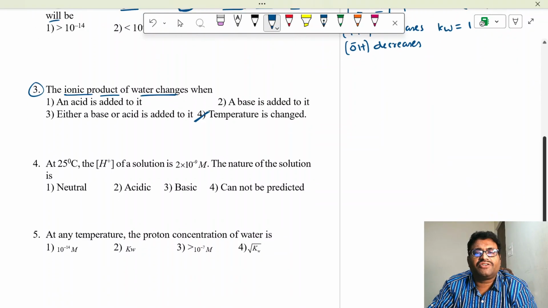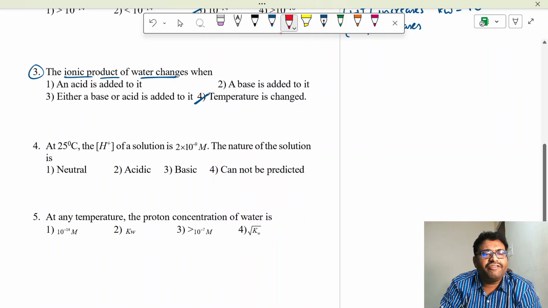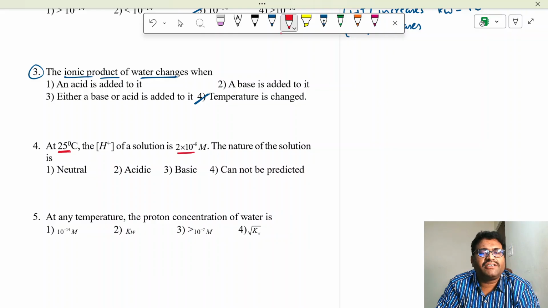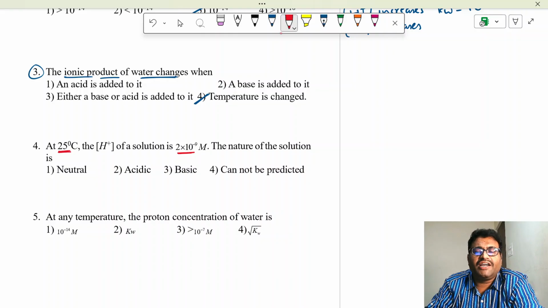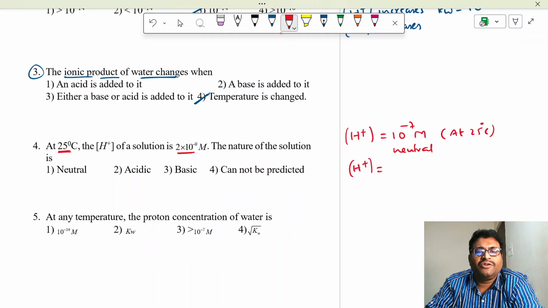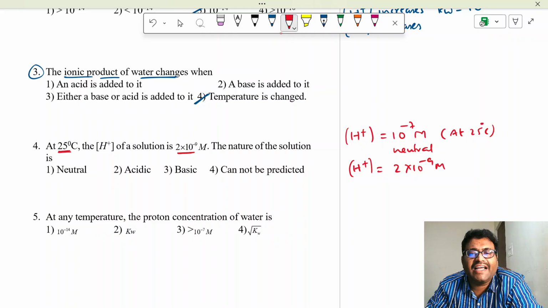Understood? Next question. At 25 degrees centigrade, H plus of a solution is 2 into 10 power minus 9 molar. The nature of the solution is? We know that H plus ion concentration equal to 10 power minus 7 molar at 25 degrees centigrade is neutral. You are given H plus ion concentration 2 into 10 power minus 9 molar. Is it greater than 10 power minus 7 or less than 10 power minus 7?